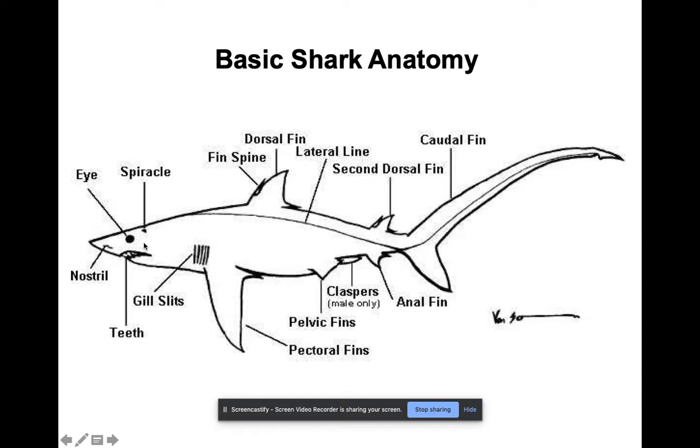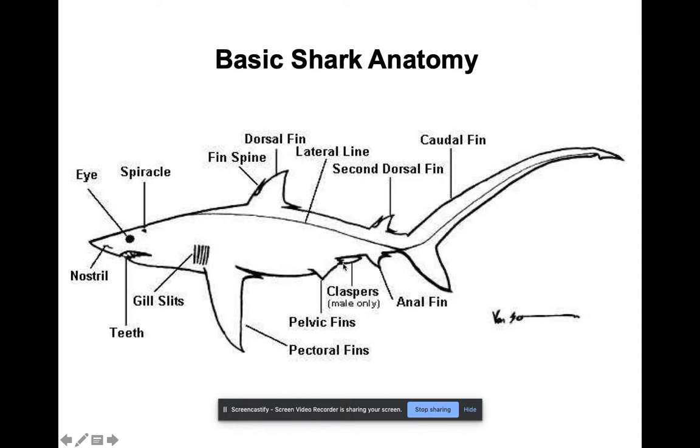Spiracle, we've seen this term in our arthropod study. We've got a dorsal fin, and a second dorsal fin, and the caudal fin. So instead of saying tail fin, we say caudal. Anal fin. You can tell if it's male or female based on whether the shark has claspers.